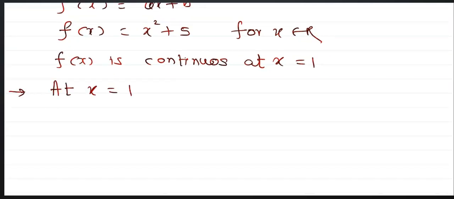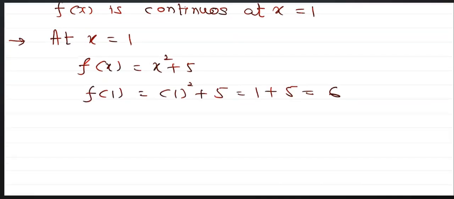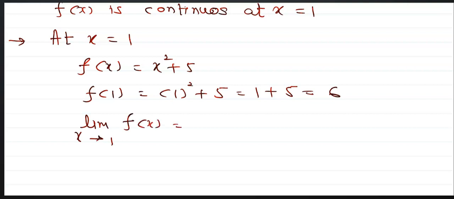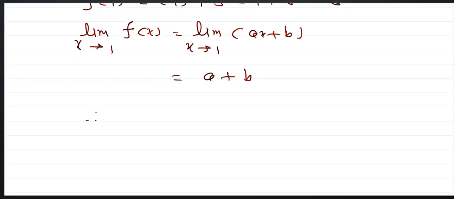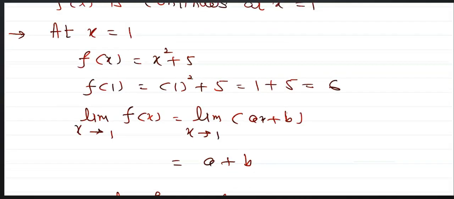This is only at x equal to 1. F of x is equal to x square plus 5. That is, limit x tends to 1, f of x, limit x tends to 1, ax plus b. Therefore a plus b, as the given function is continuous, its value and the limit both are equal. Therefore a plus b is equal to 6.